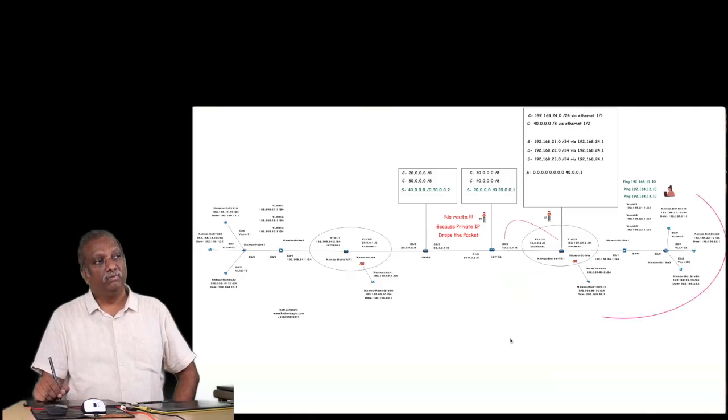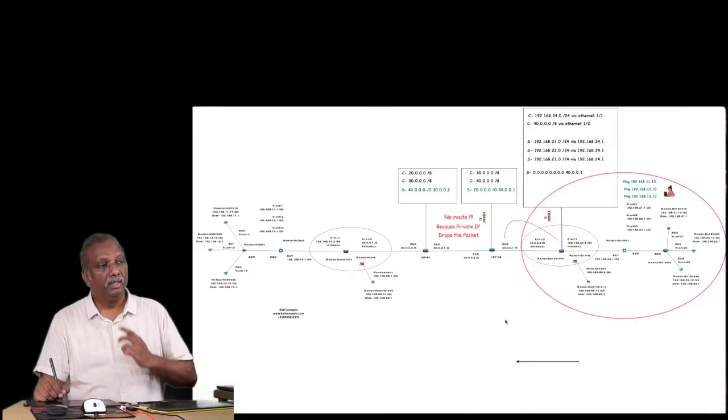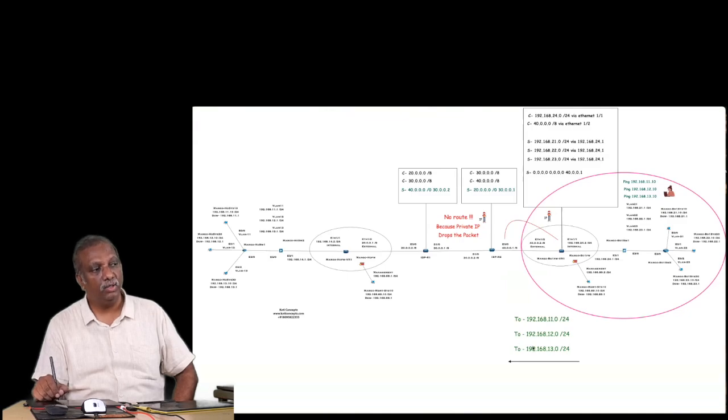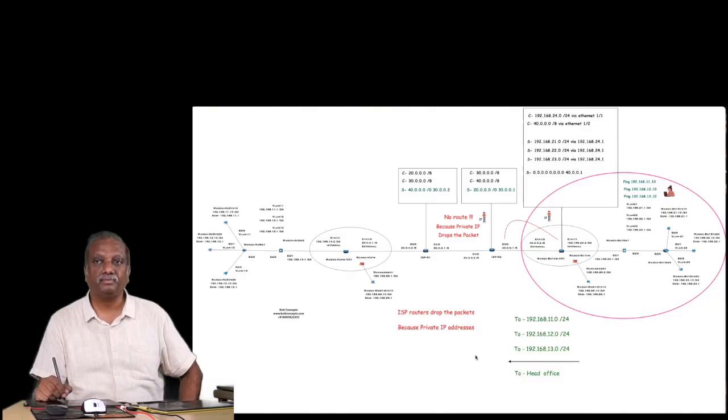That means from the branch office, when the packets are going to 192.168.11.0 or 192.168.12.0 or 192.168.13.0, meaning the packets are going to the head office network, the packets will be dropped by the ISP routers because they don't have a route in the routing table for these particular private IP addresses.